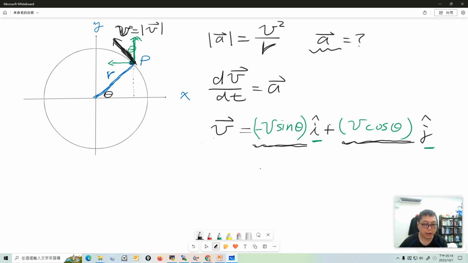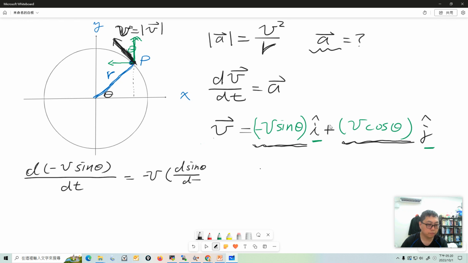Since v is a constant in uniform circular motion, the magnitude of velocity is the same, so we can factor it out and we are left with d sine theta over dt.